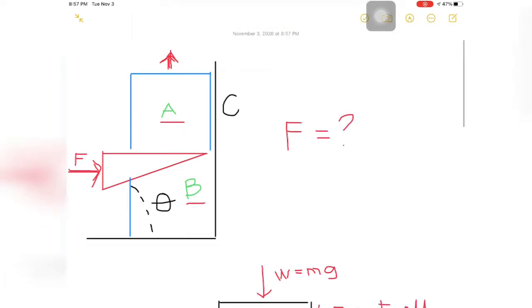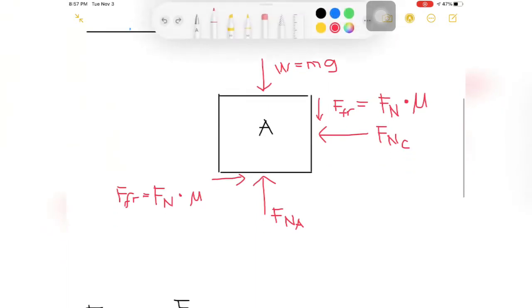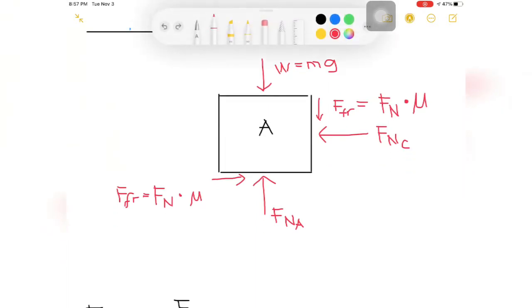So here is the free body diagram of object A itself. Object A has a weight here that is equal to the mass multiplied by gravity, and the normal force here that is to balance on the bottom surface.